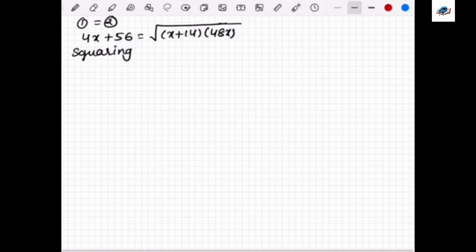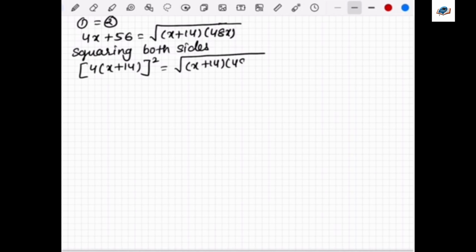So now this will give me 16 into x plus 14 whole square equal to x plus 14 into 48x. So therefore I will have 16 into x plus 14 into x plus 14 equal to x plus 14 into 48x. So I am cancelling from both sides x plus 14.